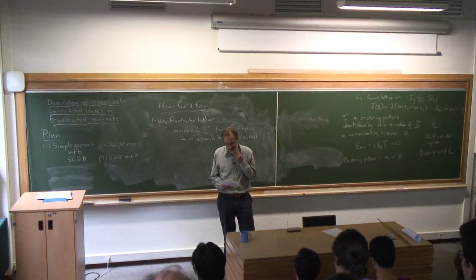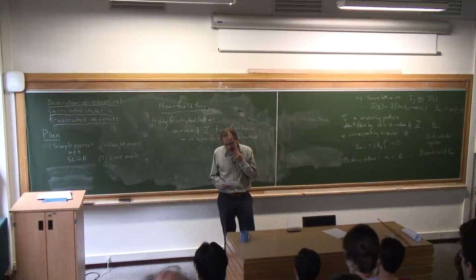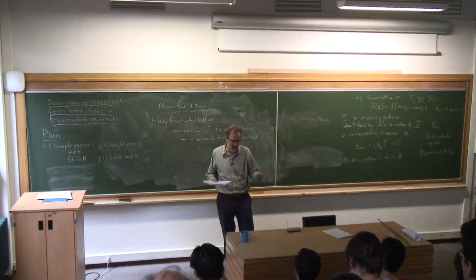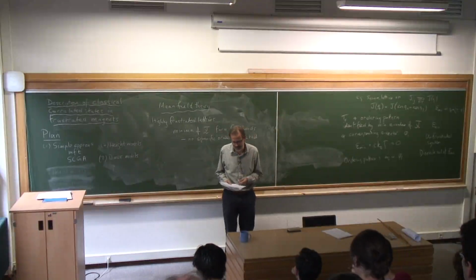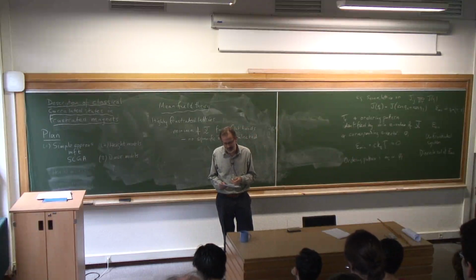So, for instance, with Heisenberg or XY spins, you have an ordered ground state, although disordered at finite temperature because we're in 2 dimensions. But with Ising spins, as I'll explain in detail, it turns out that you have a disordered ground state.